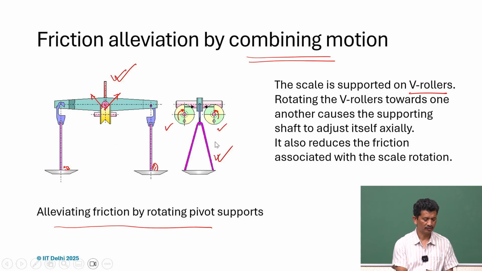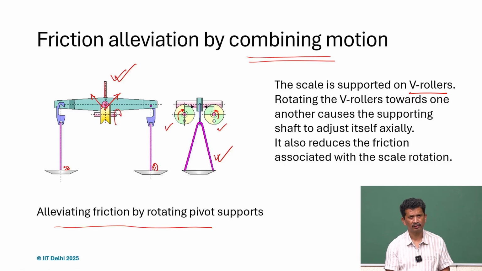So this is the side view, this is the front view, and this is rotating this way, and there is another one at the back which is rotating in the opposite direction.